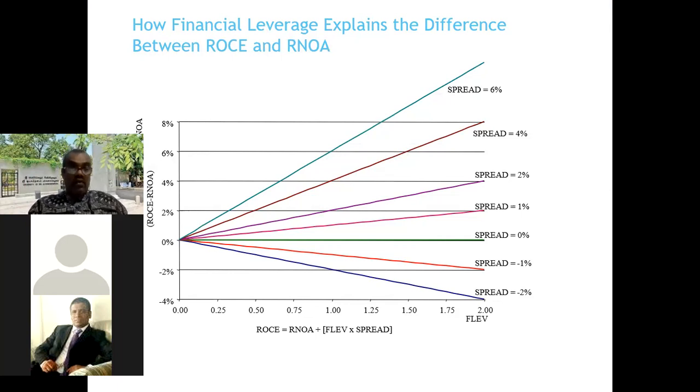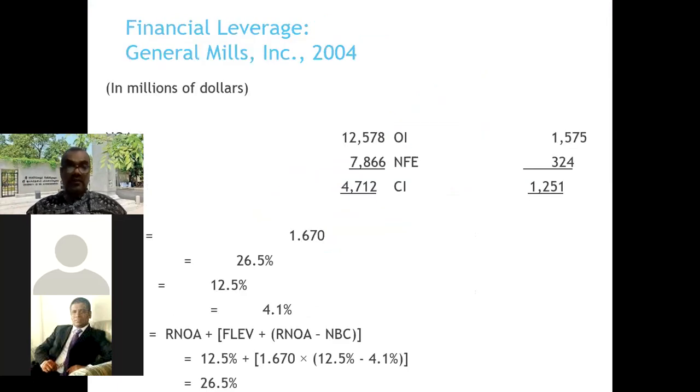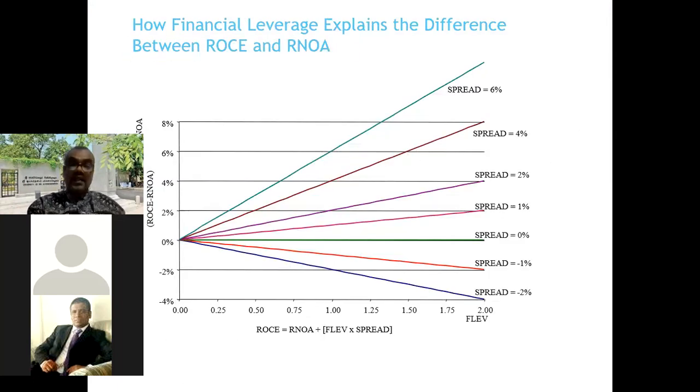But if you keep on increasing your leverage compared to other lines, this light blue line shows you that greater the financial leverage, greater the impact on ROCE. That difference increases. Just see, if you increase the leverage to 0.25, automatically difference becomes 2%.